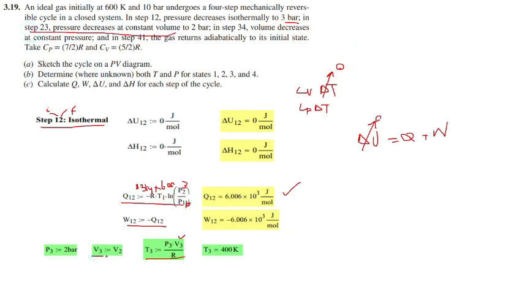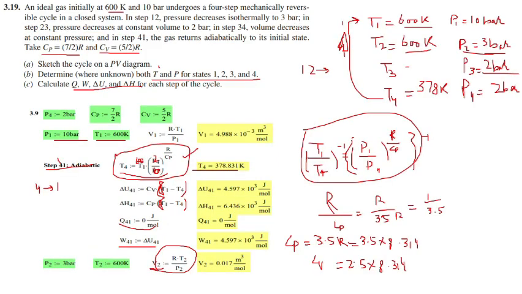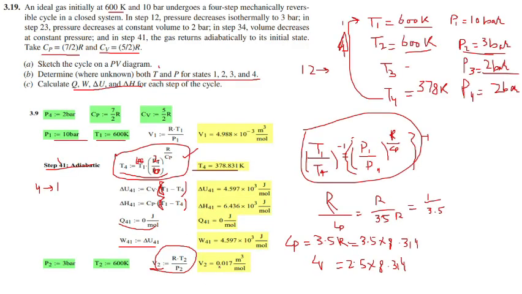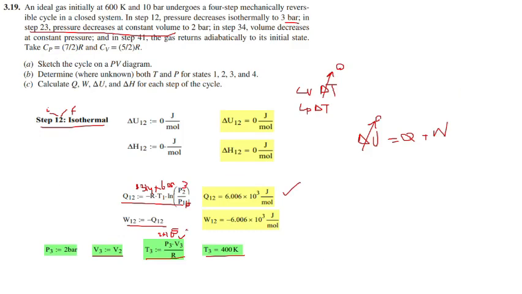So that's why V3 is equal to V2. Put the values, you will get 400 Kelvin. P3 is 2 bar. So here you will write 2 into 10 raised to power 5. V3 is equal to V2, while V2 was equal to 0.017. Just put here 0.017 for V3, and for R you will write 8.314.